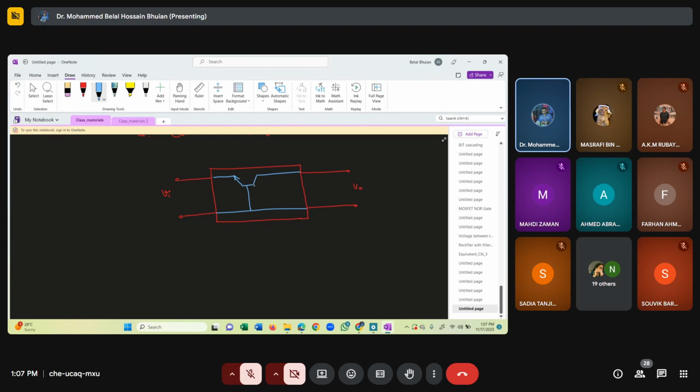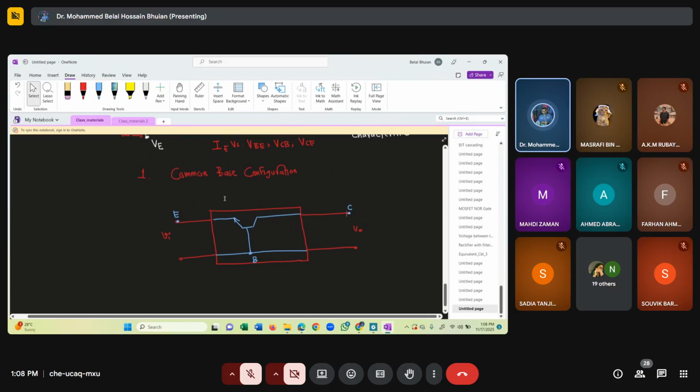You notice this is our base, this is our emitter terminal, and this is our collector terminal. Notice the base terminal is common to both the input side and the output side. If the BJT is connected this way, then this configuration is known as common base configuration.